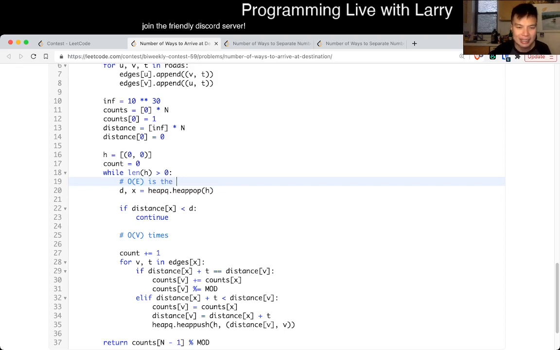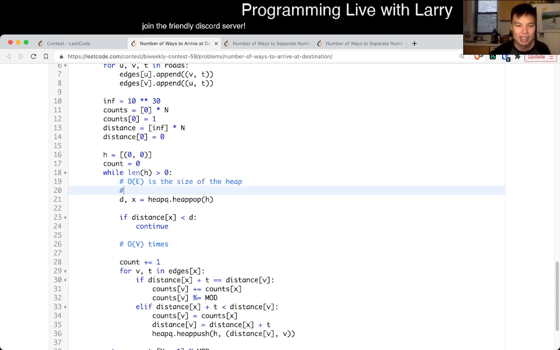So in this case, this is going to be O of log V, or log E, sorry. But of course, E is equal to V squared in the worst case. So that means that this is just equal to O of log V, right? But we'll keep it log E. In the worst case, you can think about it that way.